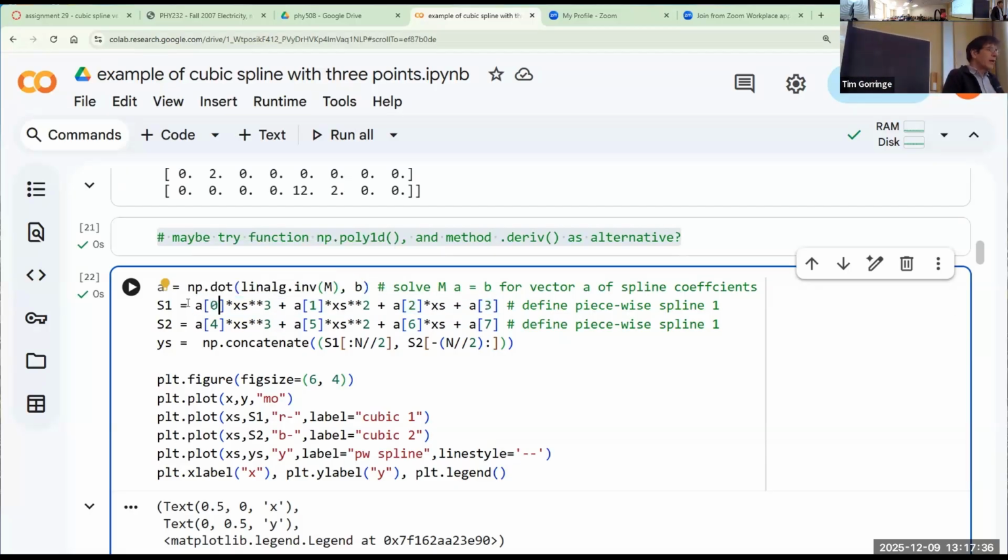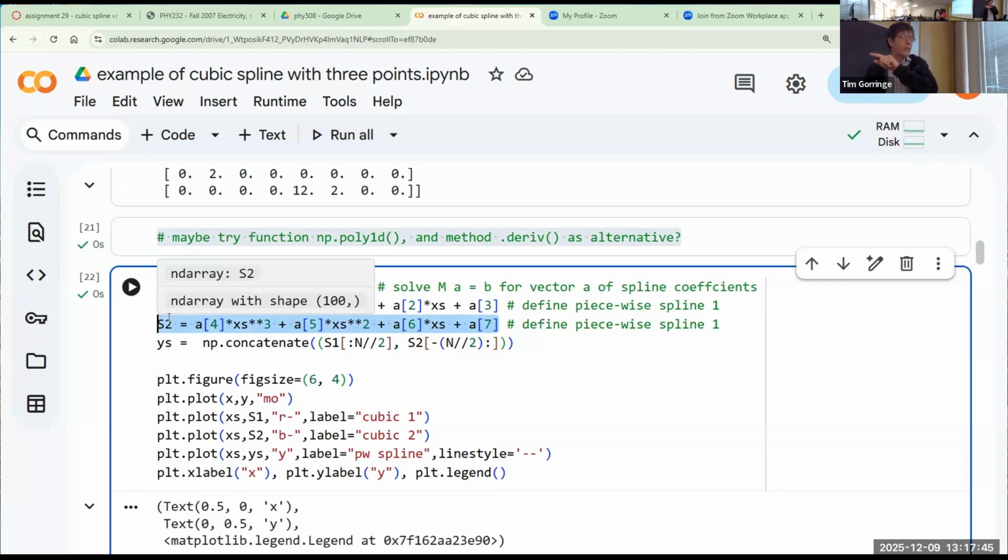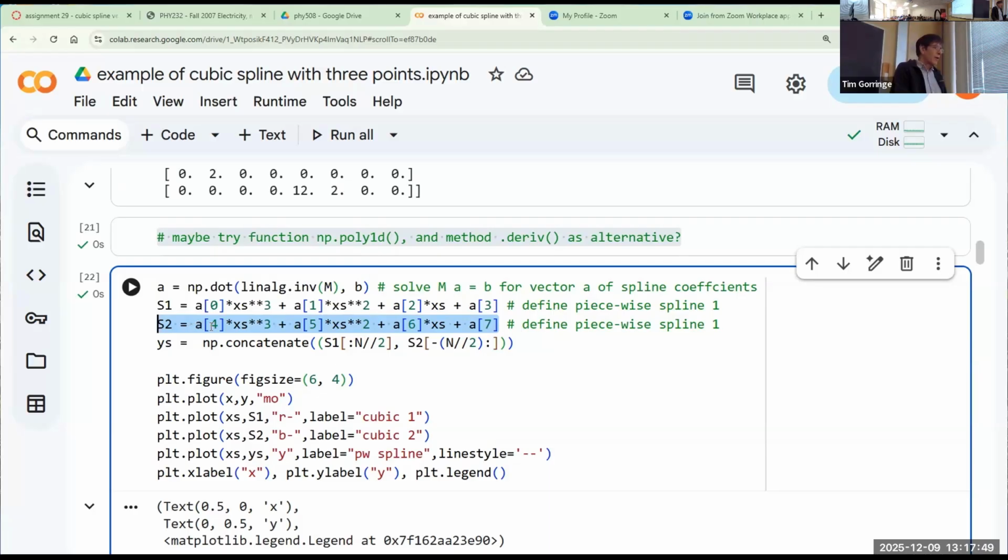So just by hand stripping out the first 4 coefficients, and then I do the same thing for the second spline. This is the right-hand spline that goes through the center point and the right-hand point, again just stripping out the individual coefficients of the powers of x from that vector A, and doing that by hand.